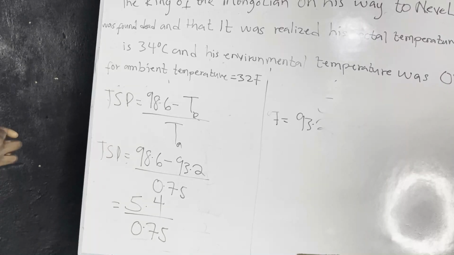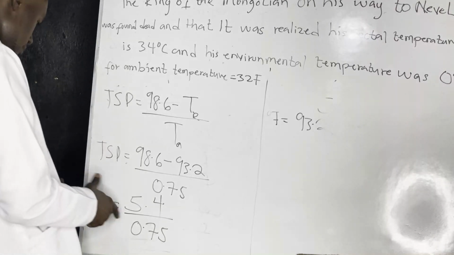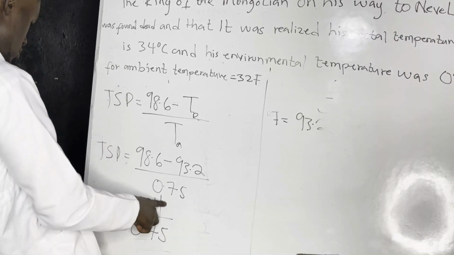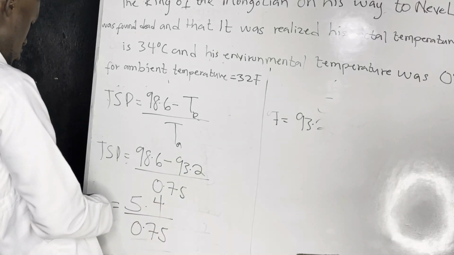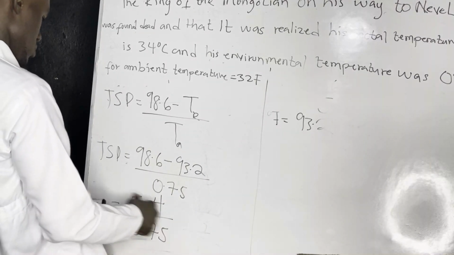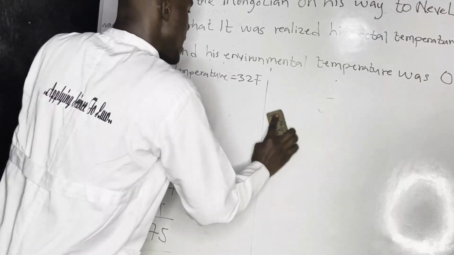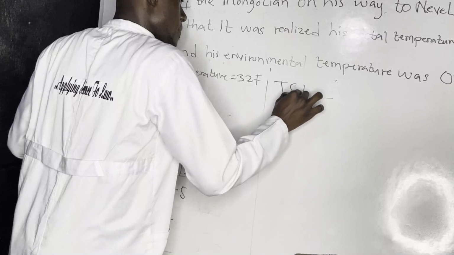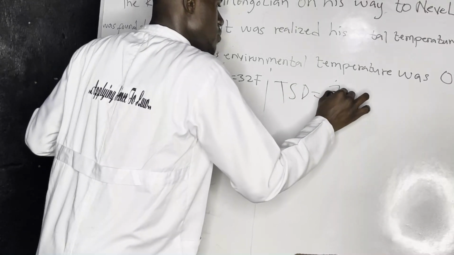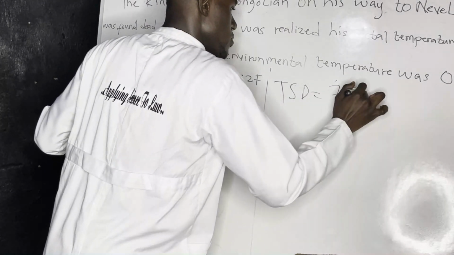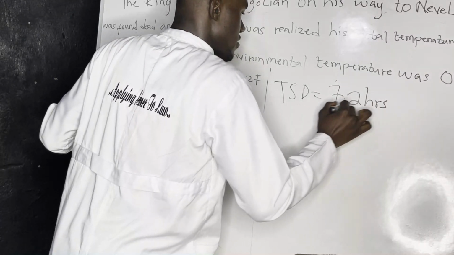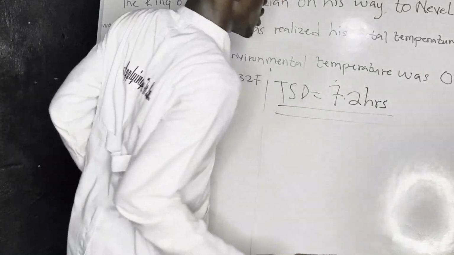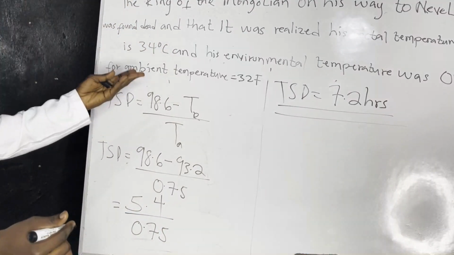Then we get the time since death, TSD, equal to 7.2 hours. So this brought us to the end of calculating the time since death.